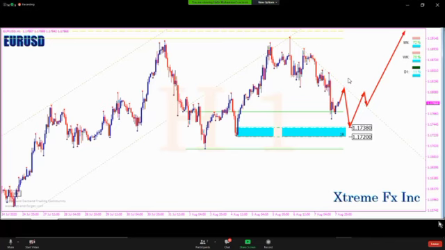So you have to determine the directional bias on the H1 to trade on the M5. If it's below 5 minutes, 1 minute or 2 minutes, M1, M2, all are ruled by H1.